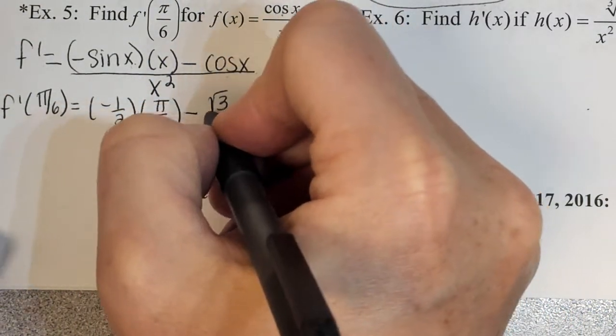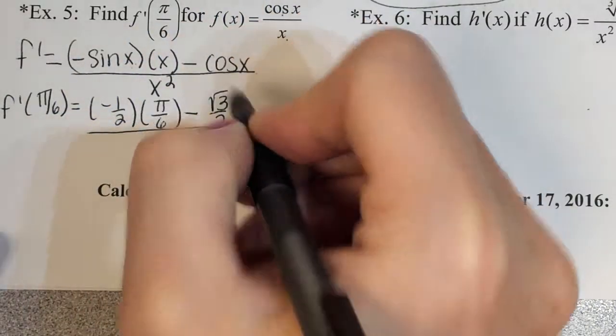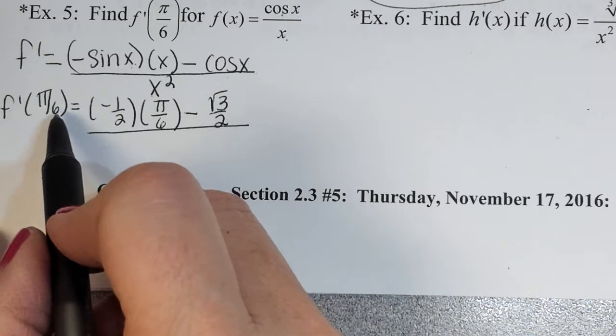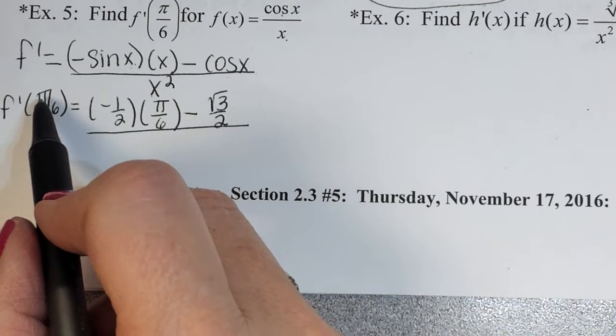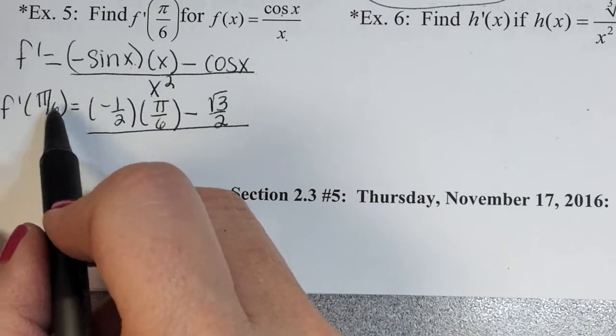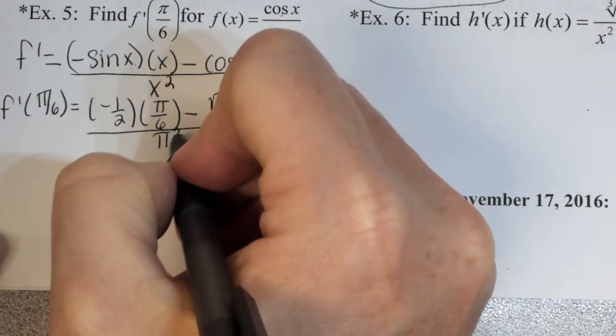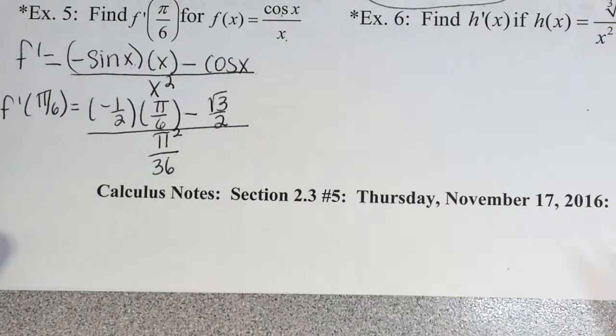Good. All over x squared. So I have to square pi over 6. Well, if I have to square pi over 6, I have to square the top and square the bottom. So that's going to be pi squared over 36.